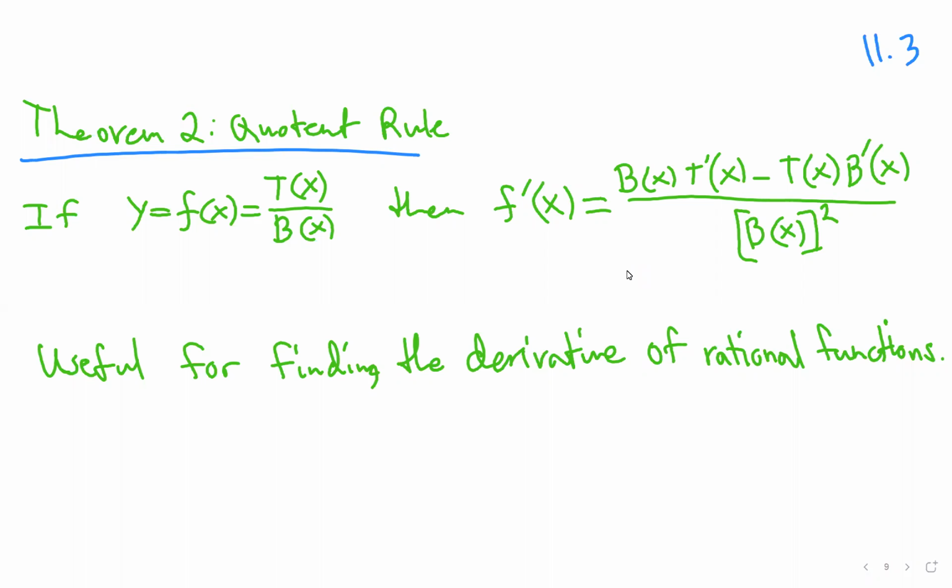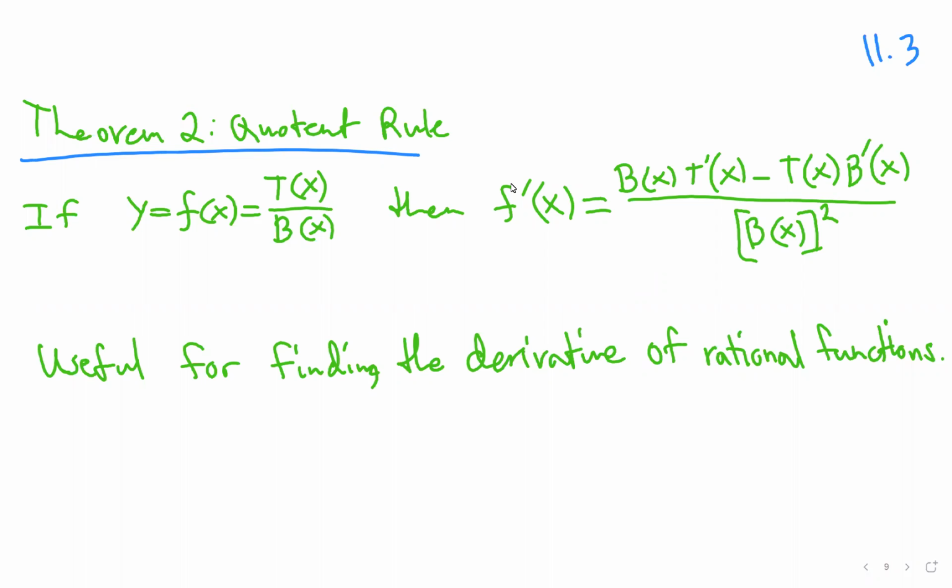There is the potential that b prime of x and t prime of x might have regions where they're not explicitly defined just by virtue of what their functions are. So in those cases, the f prime of x would not be defined in those regions, but otherwise it's fine.